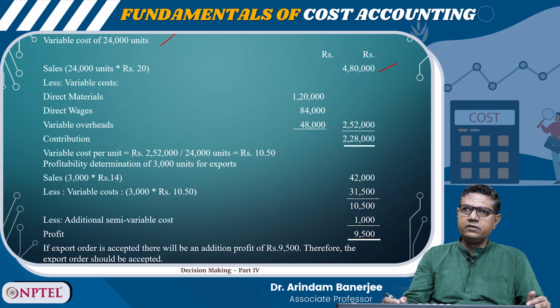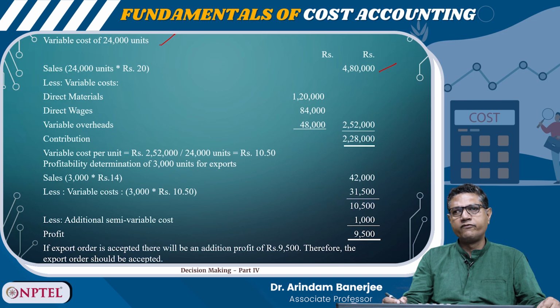Now if its capacity is 10,000 units per week, and it produces 8,000 units, the material cost will be proportional to the production. If it produces 10,000 units per week and its material cost is say 1 lakh rupees, and it is currently functioning at 80% of the capacity, the material cost will be 80% of 1 lakh, that is 80,000, right.